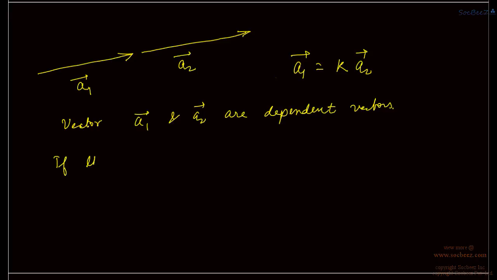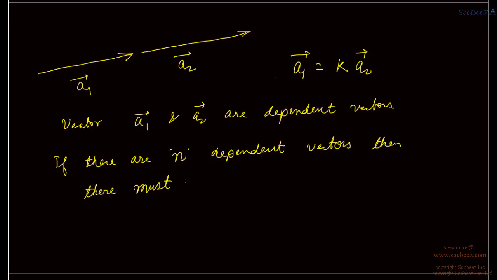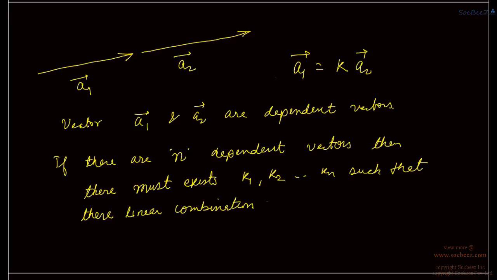So from here we define another term. If there are n dependent vectors, then there must exist constants k1, k2, kn such that their linear combination is 0.